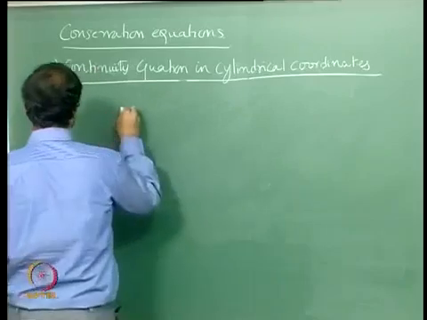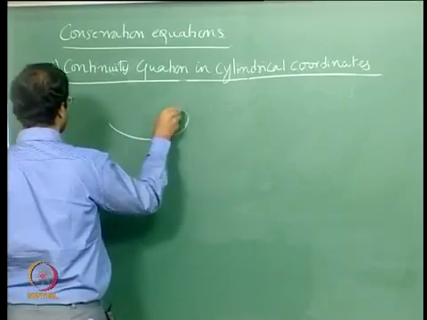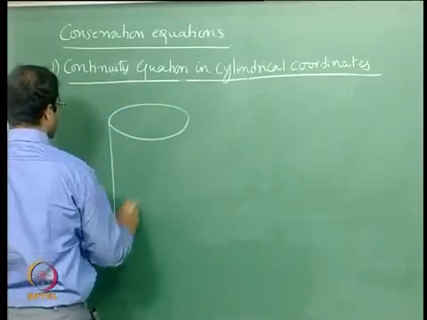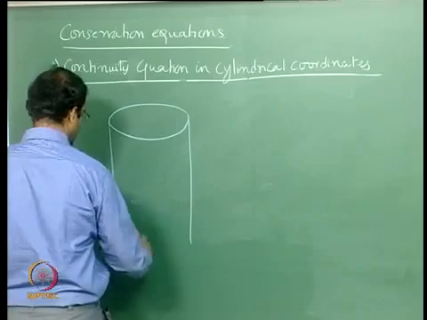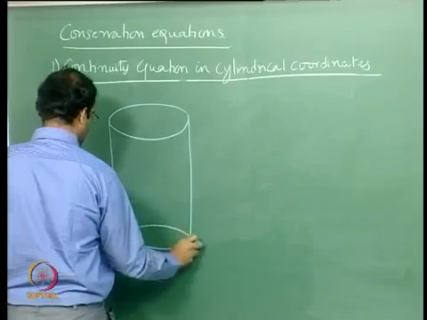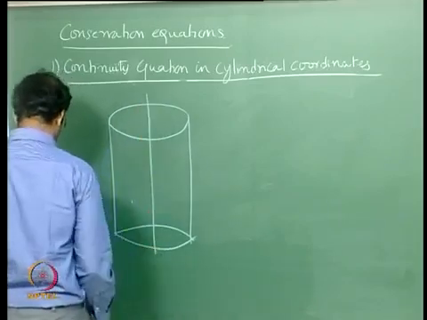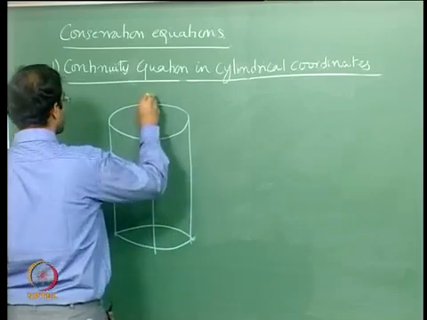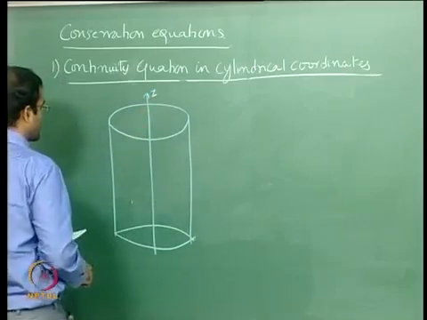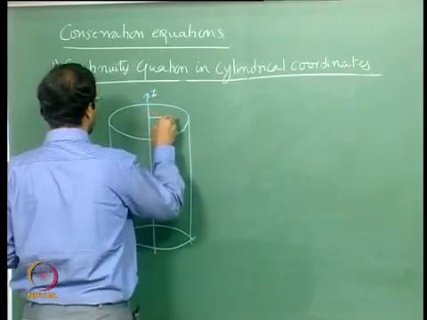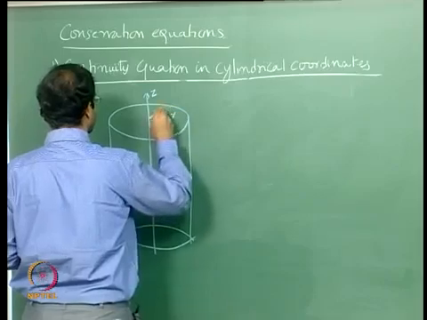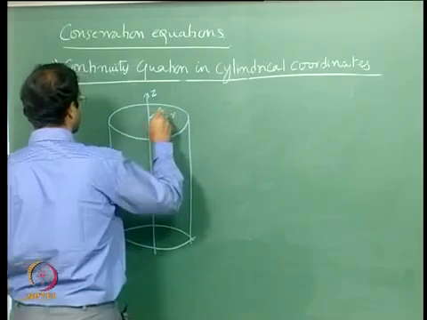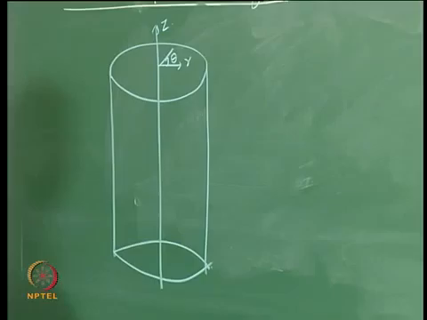In this case we will take a fluid volume in the form of a cylinder, and this is your axial direction z. You can have radial direction r and of course variation in the theta direction. So this is your cylindrical coordinate system.